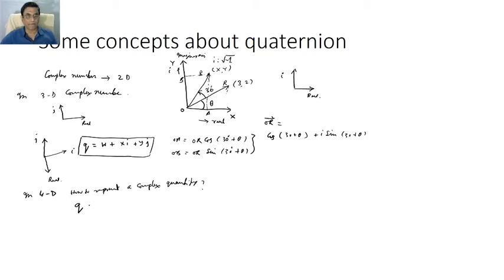It will be the same thing. This is a real axis, this is i, this is j, and k.